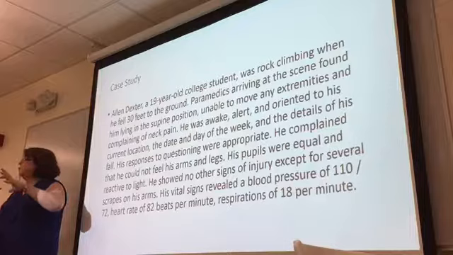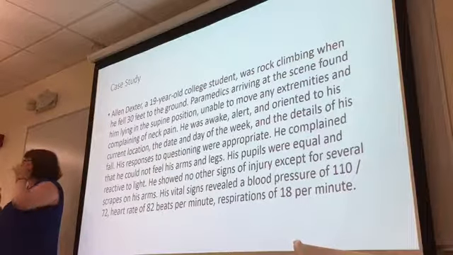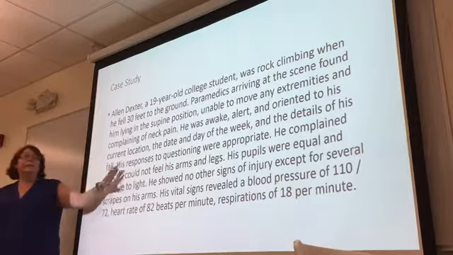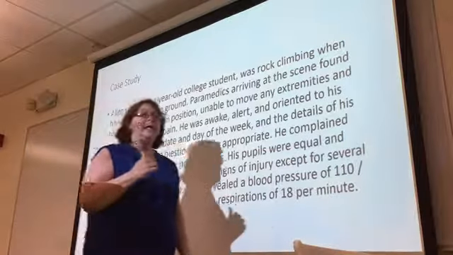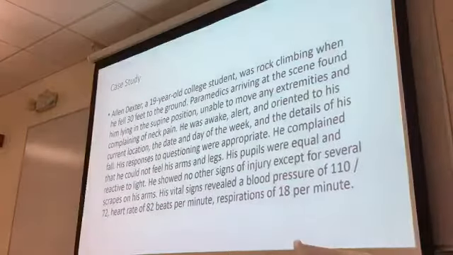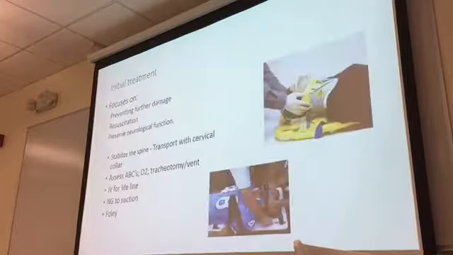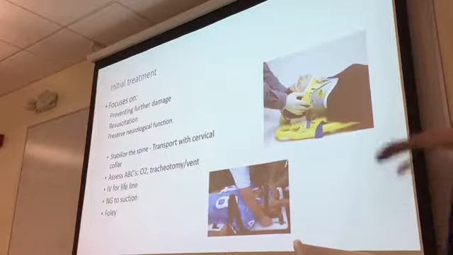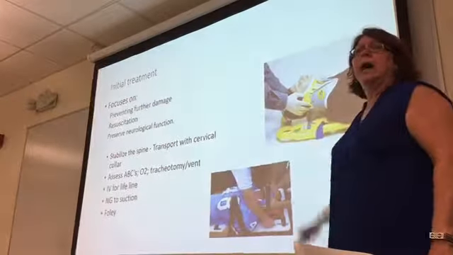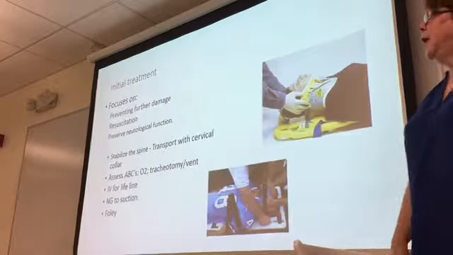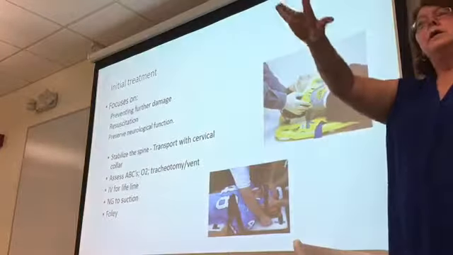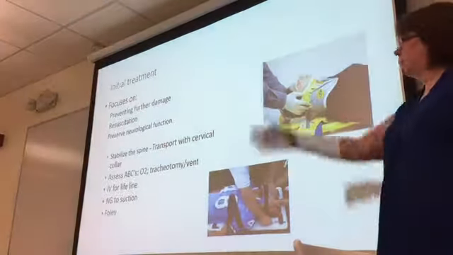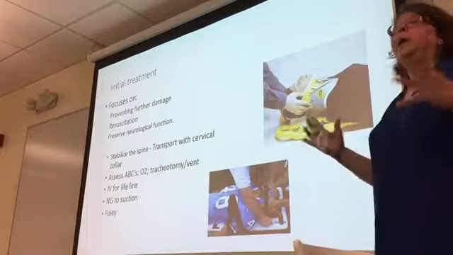But if you continue to move them, you could cause the spinal cord to be severed. So the assumption is that it is a spinal cord injury and immobilization needs to happen. So neck brace, backboard. Has anyone been on a backboard? So a couple people have been on a backboard. You can't move at all.